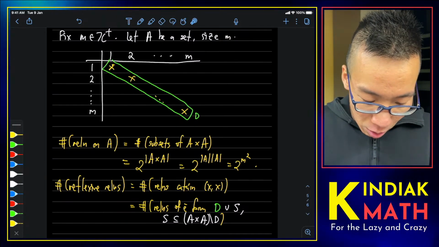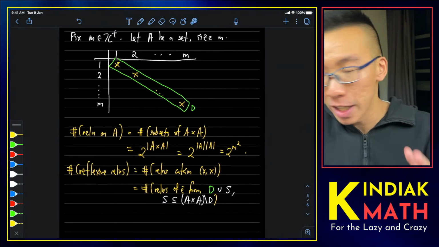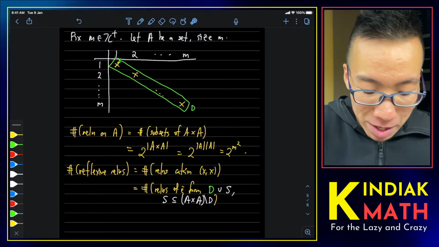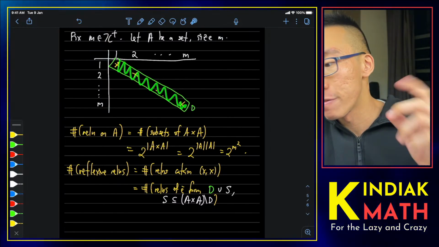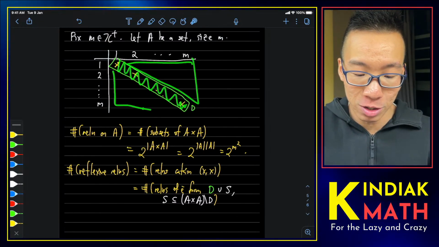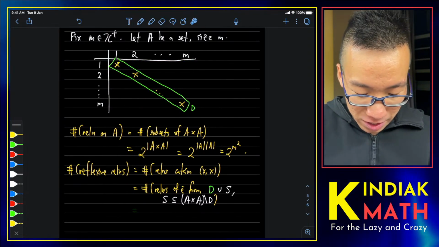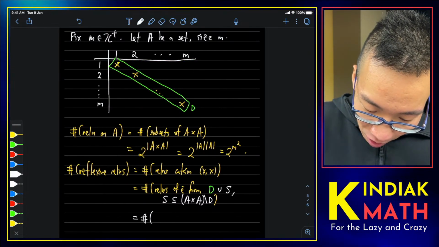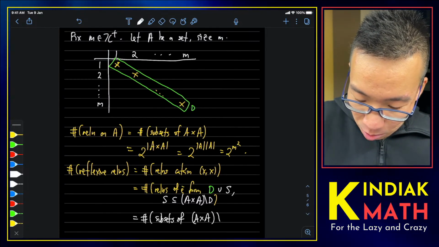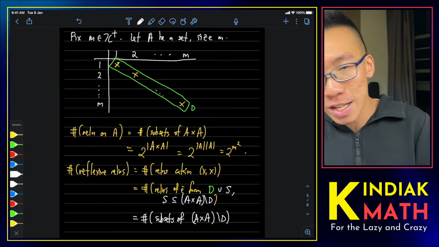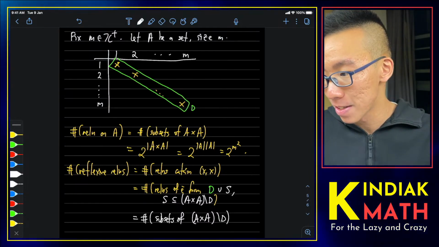In other words, no matter what relation we are looking at, in order for it to be reflexive, it must always contain this diagonal. So where do we have free choice? We have free choice over all of the other terms over here. Does that make sense? In other words, the number of relations is precisely the number of subsets of A cross A excluding D. For every relation that's reflexive, you can find one of these subsets.